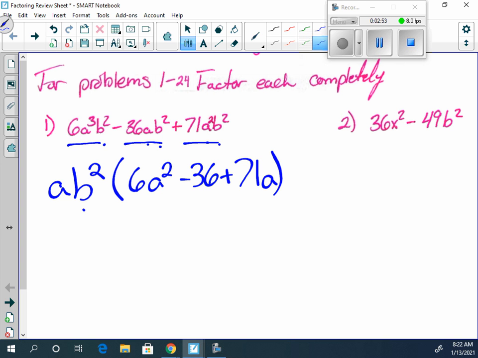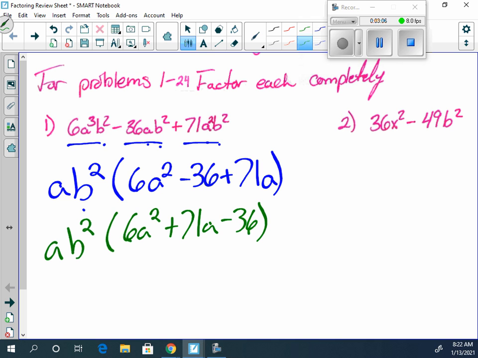And this here is the answer. Now in the answer key, it does say ab squared, parentheses 6a squared plus 71a minus 36. This is what it has. And it is the same thing.